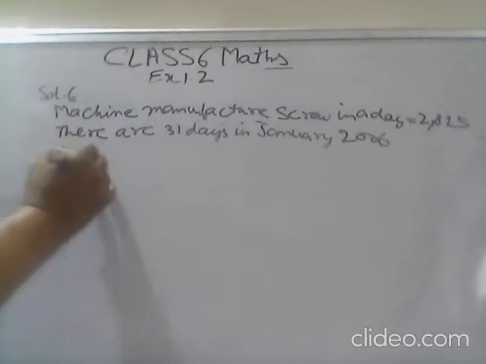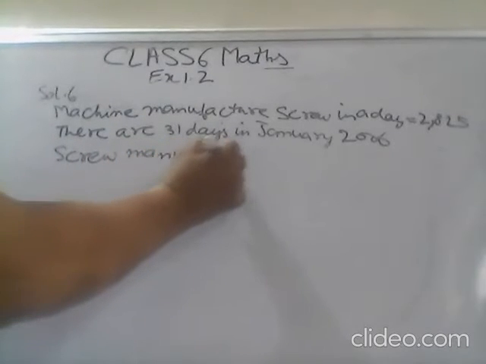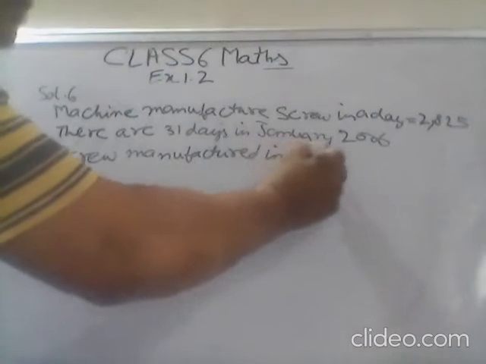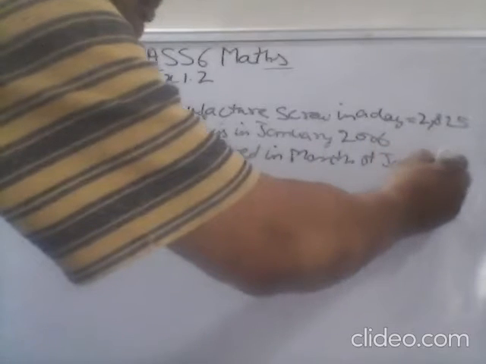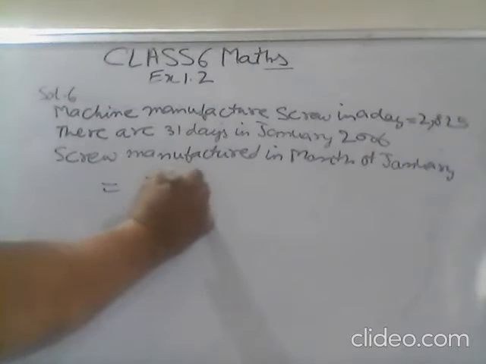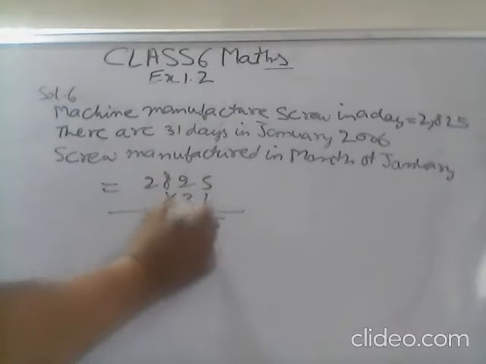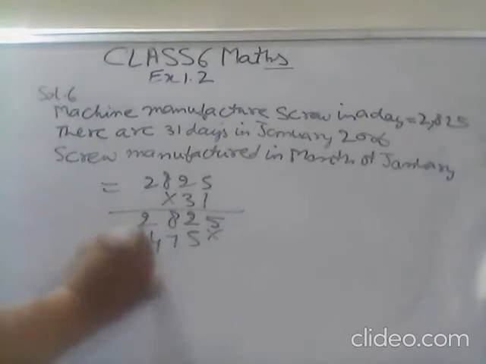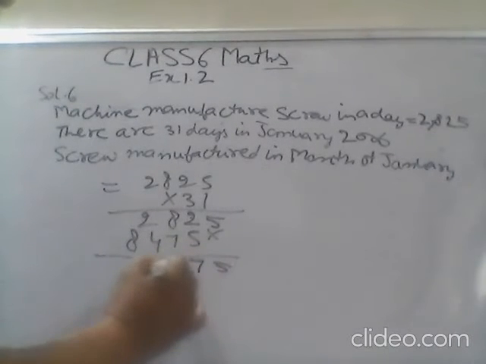The screws manufactured in the month of January is equal to 2825 into 31. 5, 7, 15, 7.